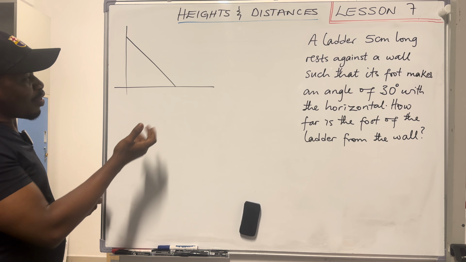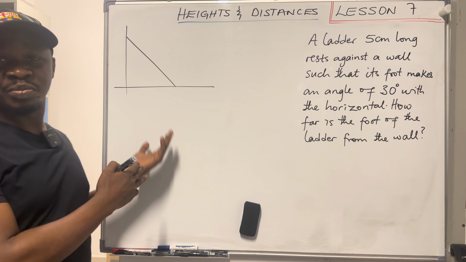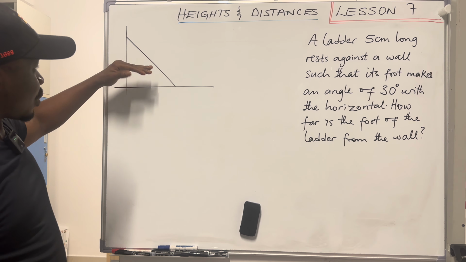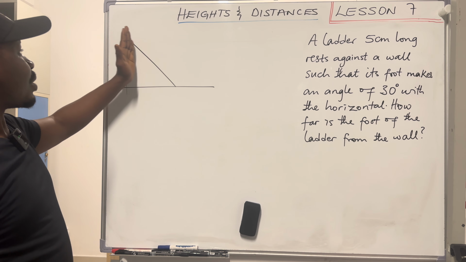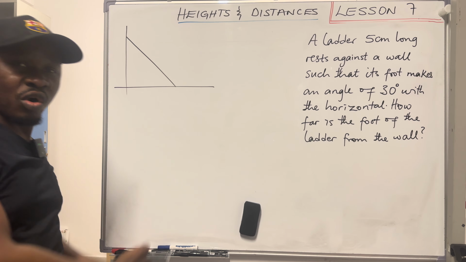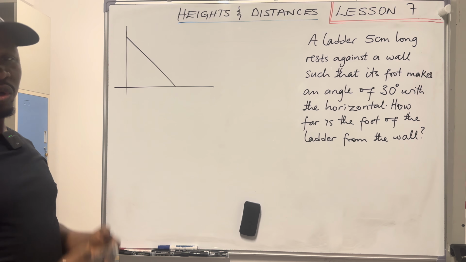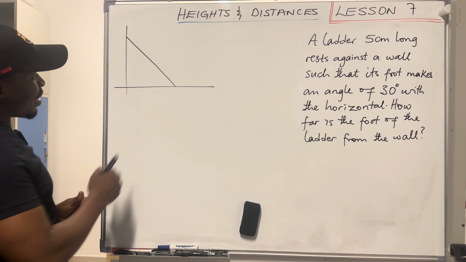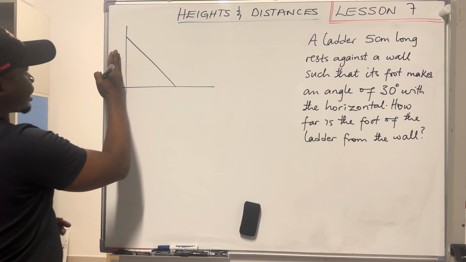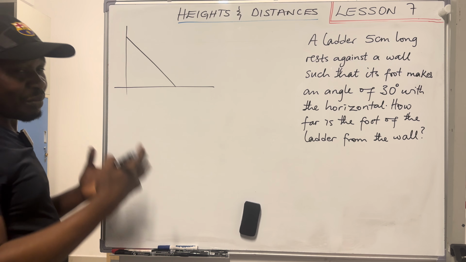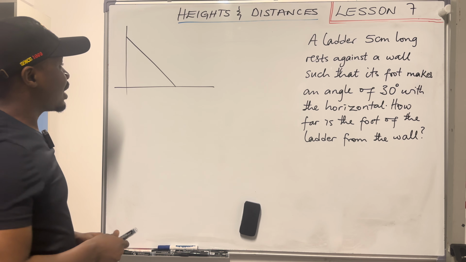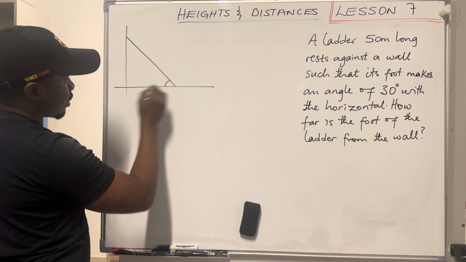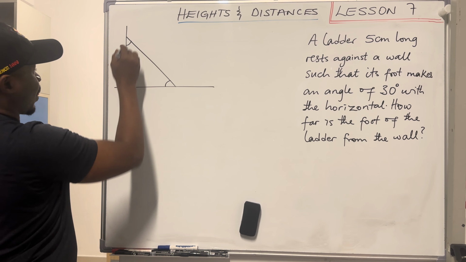There is no way the ladder can be suspended without touching the ground. So the ladder has to touch the ground before it leans on a particular wall or tree or whatsoever that is standing vertically. Whenever the ladder leans against a vertical wall, it makes two angles, one here and one here.